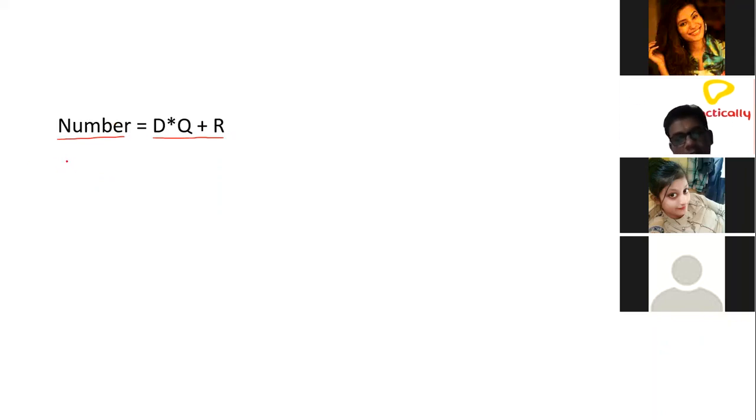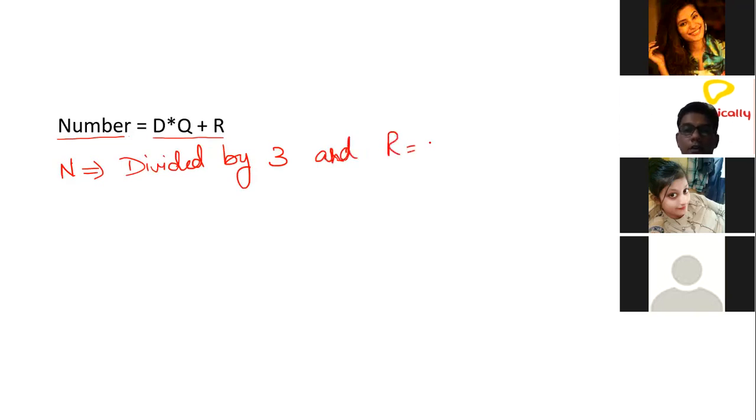Say there is a number, and this number is being divided by 3, and the remainder that you get is 1. Okay guys, there is a number and you are dividing it by 3 and the remainder you get is 1.